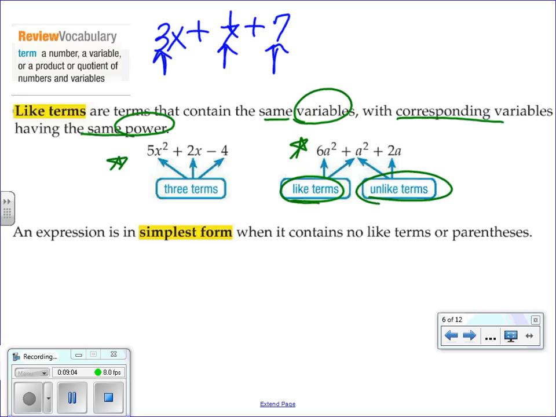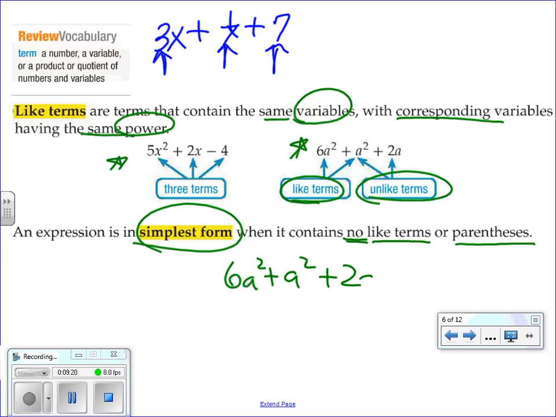Remember that. And when you simplify an expression or put it in simplest form, you want no like terms or parentheses. So if we look at our problem up there, 6a squared plus a squared plus 2a, that is not in simplest form because we have 2 terms, 6a squared and a squared, that have same variables and same powers.